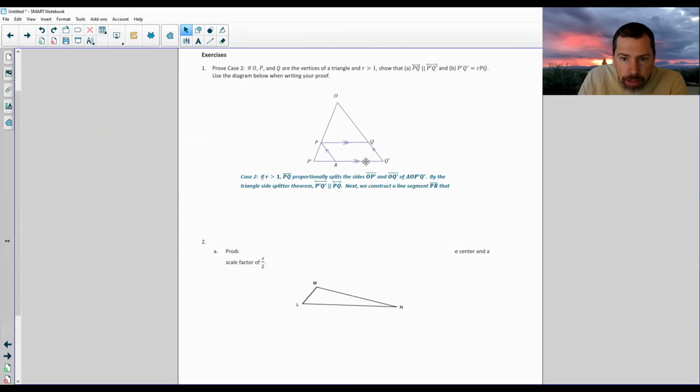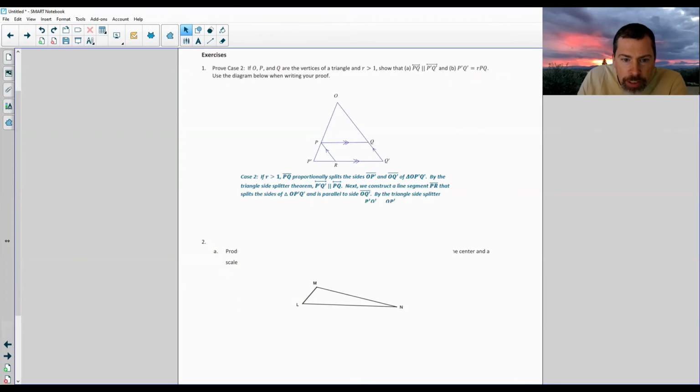Okay. Continuing, by the triangle side splitter theorem, P prime Q prime is parallel to PQ, which is marked in the diagram. So next we construct a line segment PR that is parallel to OQ prime and splits the sides of triangle O, P prime, Q prime. So PR splits OP prime and Q prime P prime proportionally, and PR is parallel to QQ prime.